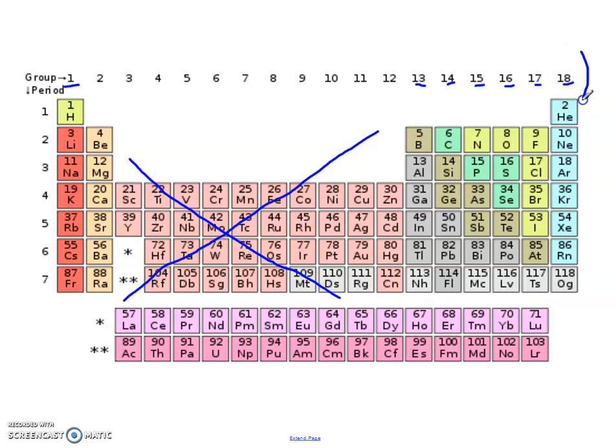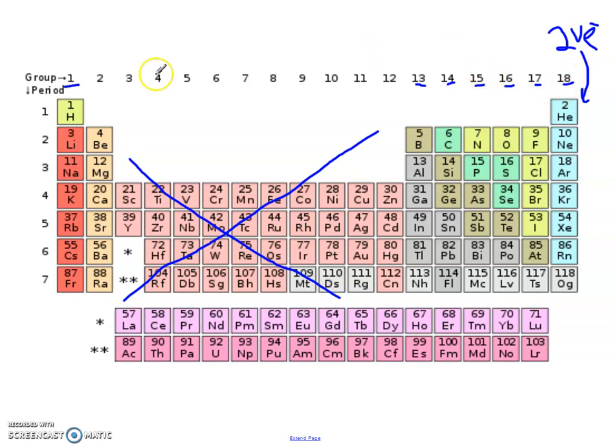The only element that does not follow this pattern of 8 is helium. Helium has only 2 valence electrons, but if you remember, the first orbit can only hold 2. So this is still a full orbit having 2 electrons, but it doesn't follow this rule of looking at the group number.